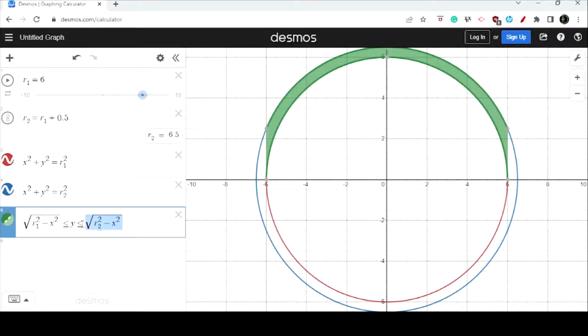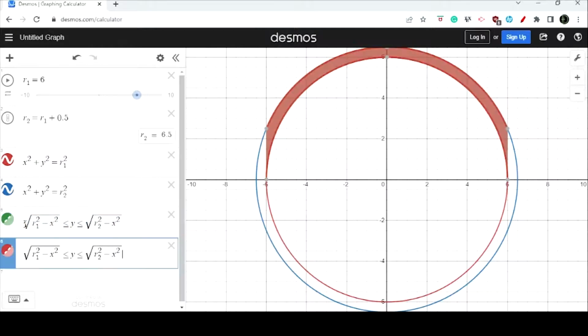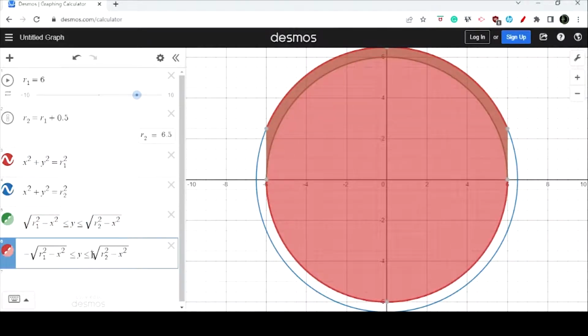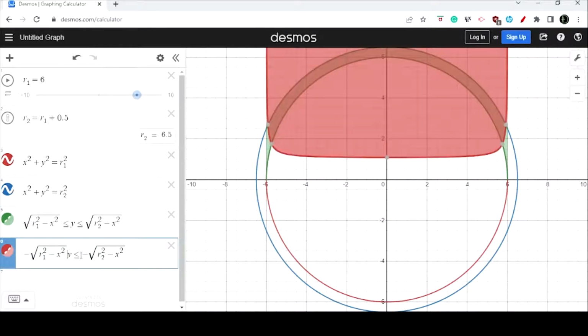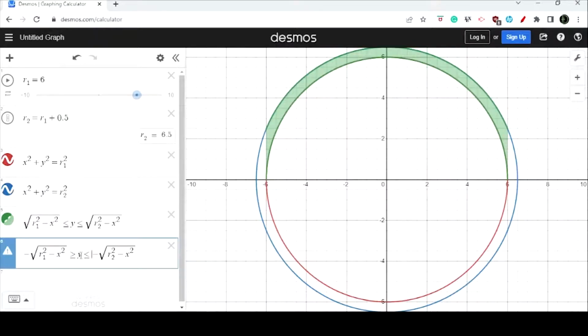Now we're going to do the same thing down below, except instead of the top half, we want the bottom half, and we don't want the less than or equal to anymore. So this is what I was talking about with reversing the inequality symbol.